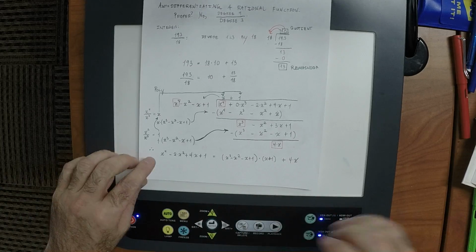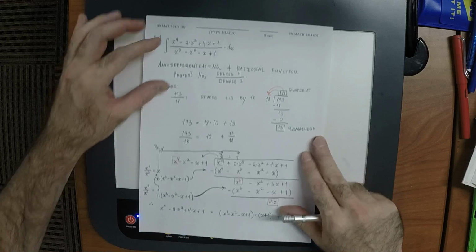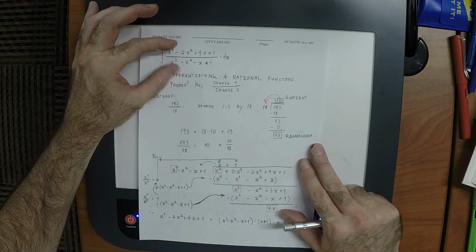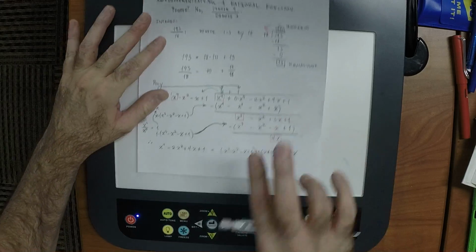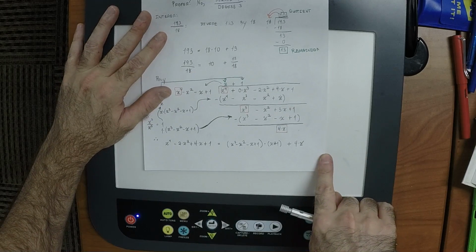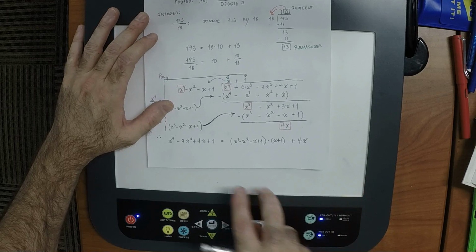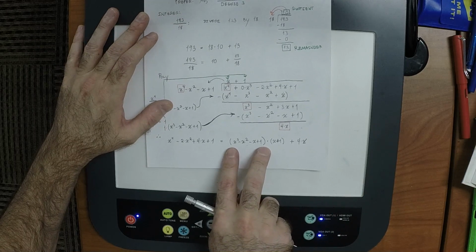Now, notice that the question is about this fraction. And at the present time, we don't have a fraction. So how do we get to the fraction we were talking about originally? Yeah, we divide both sides by that cubic.